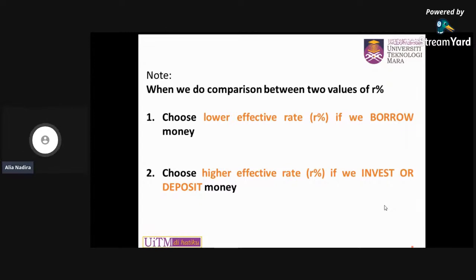Sebab kita tak nak bayar interest tinggi. Okay, tapi when we invest ataupun kita buat pelaburan ataupun kita deposit simpan duit dalam account, kita mesti choose higher effective rate. Sebab kita nak dapat duit kita lagi tinggi, kita nak dapat interest lagi tinggi. Okay, so ingat, dua situasi berbeza, kita akan choose R dia different.